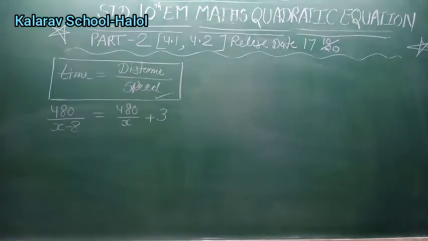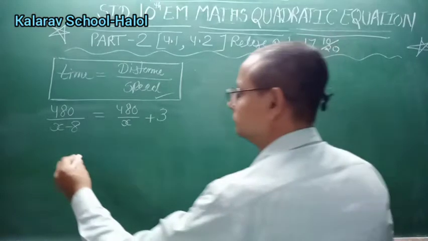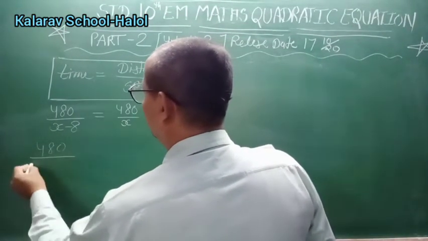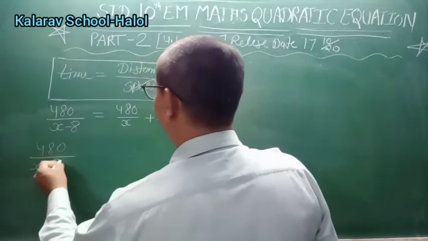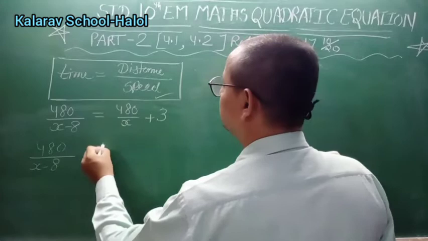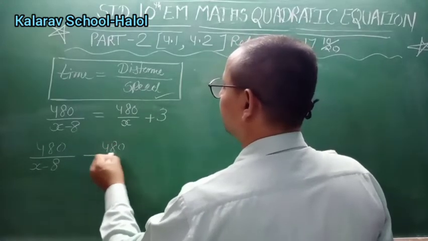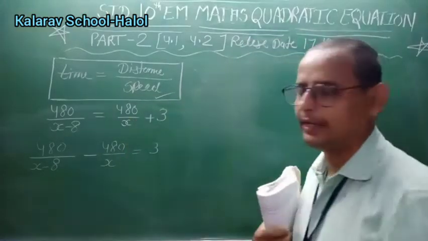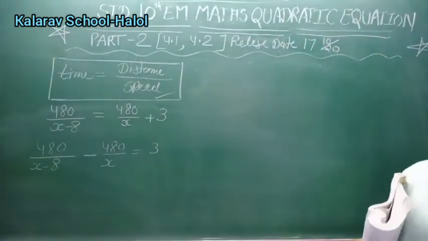Now see here, 480 upon x minus 8. Now this one you shuffle in that side, so it becomes minus 480 upon x equal to 3. ये हम इधर ही रखते हैं as usual.